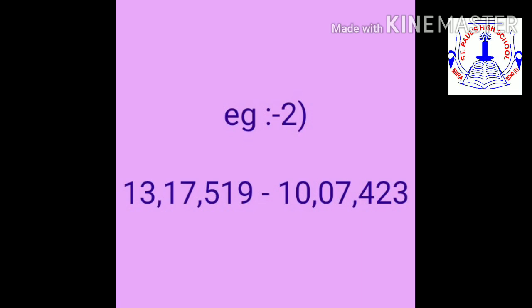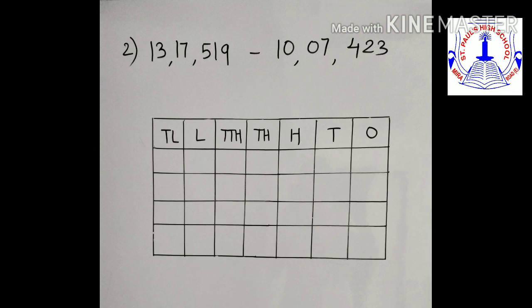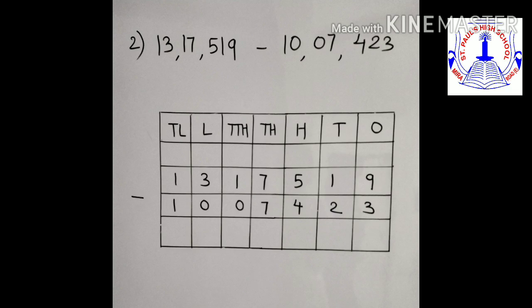Second example is 13,17,519 minus 10,07,423. So, students, we have to draw the columns and write down the numbers according to their place value. 13,17,519 minus 10,07,423.